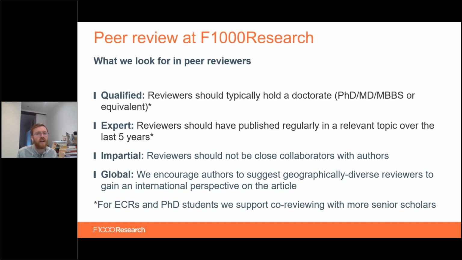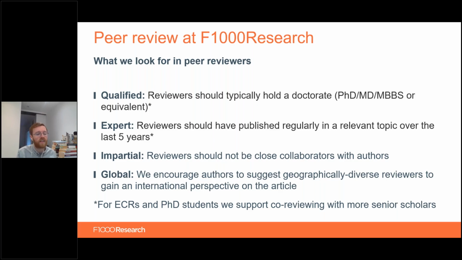You'll see the asterisks there next to qualified and expert. Obviously, we often get requests from PhD students, or people who are just starting out, early career researchers, who might be interested in reviewing for F1000 Research, and we are happy to support that. But what we often like to do is suggest that they review alongside a more senior colleague, or often a principal investigator.